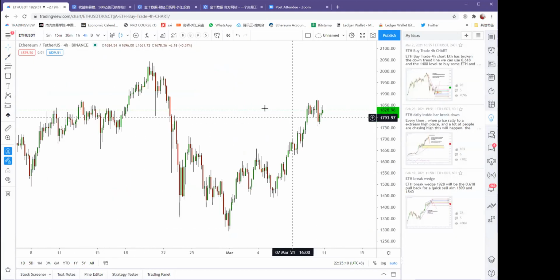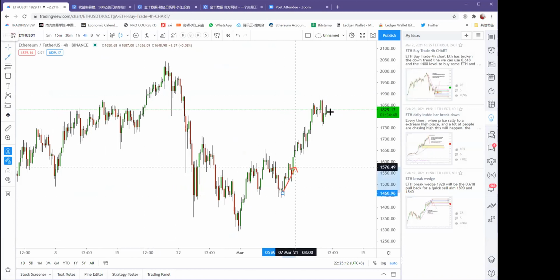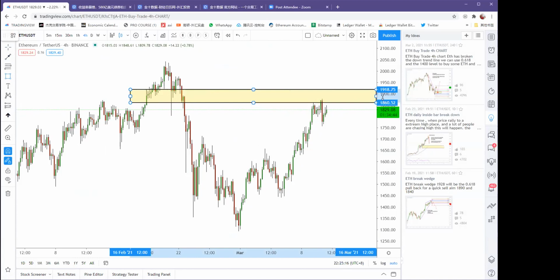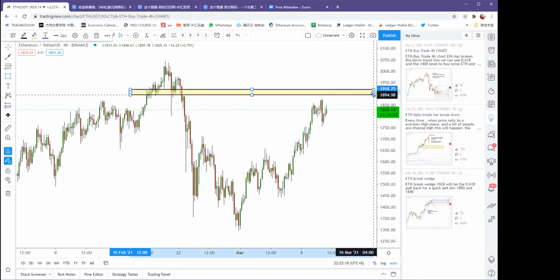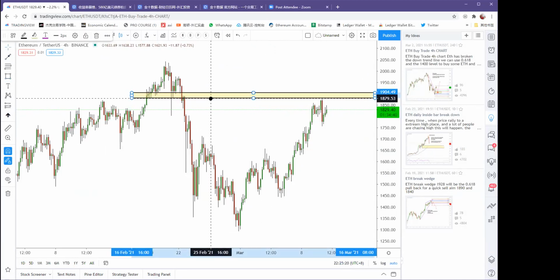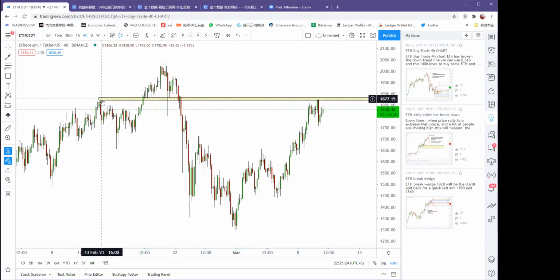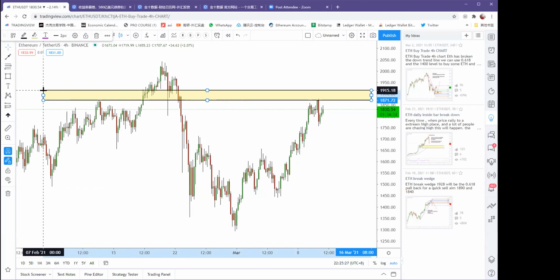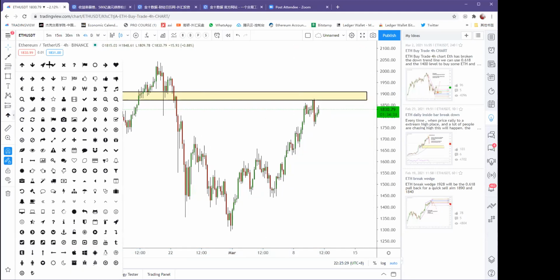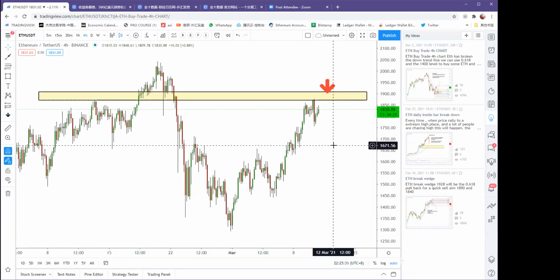So this could be a good way to take some profit on the ETH buy, because the neckline is here. Neckline is about the 19K level. So this level could be a strong resistance for the Ethereum. You can consider to take some short here.